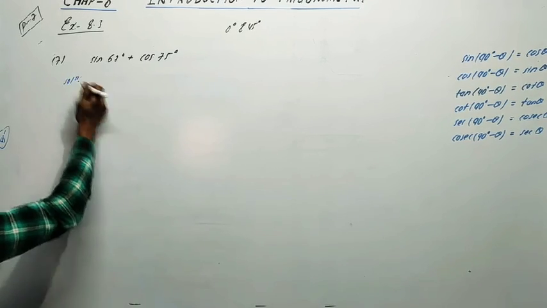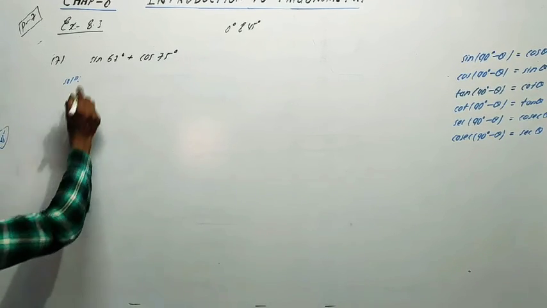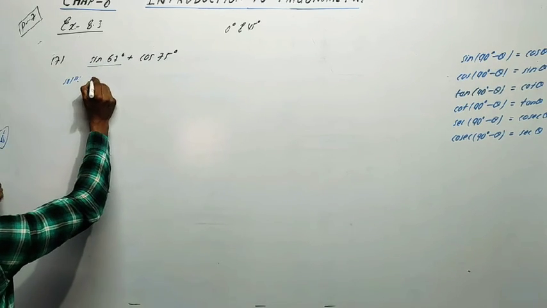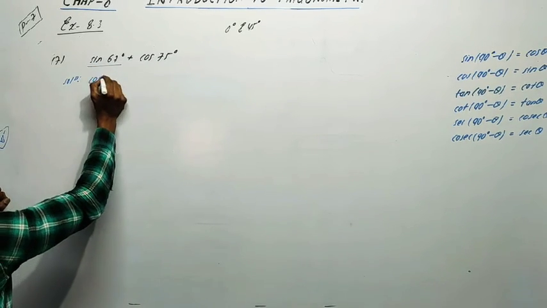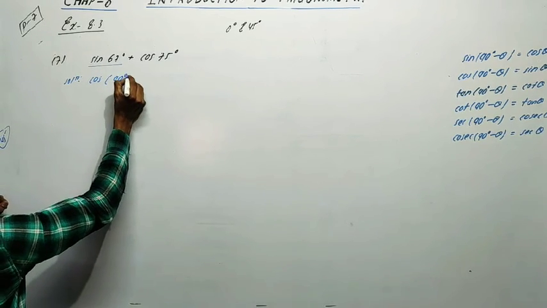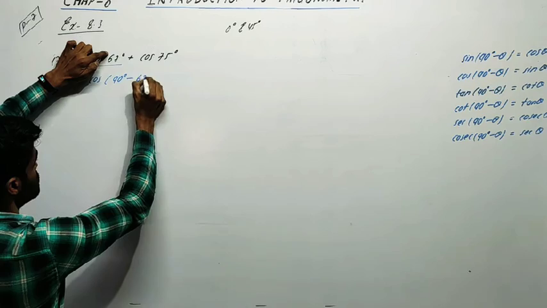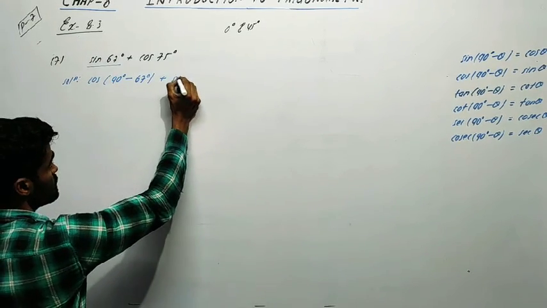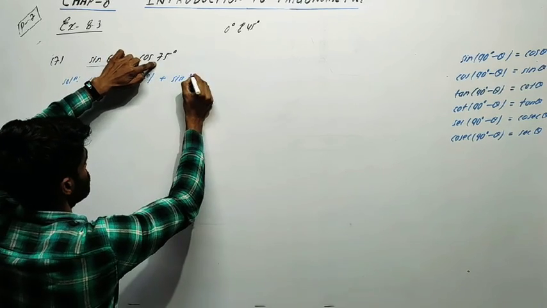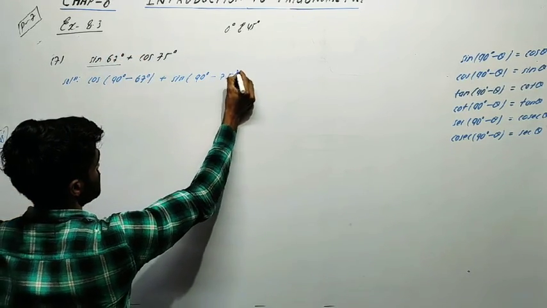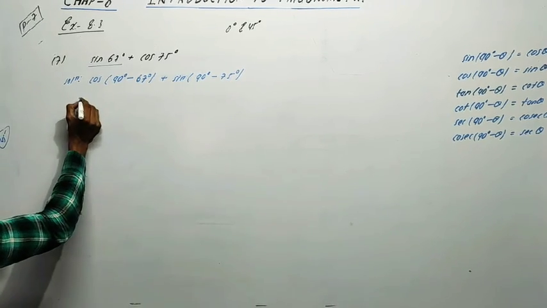Solution: again we will follow the complementary identities. Sin 67, we will convert the sin in the form of cos: sin theta is equal to cos (90 degrees minus theta), where the theta value is 67 degrees, plus convert the cos in the form of sin: cos theta is equal to sin (90 degrees minus theta), where theta value is 75 degrees here.